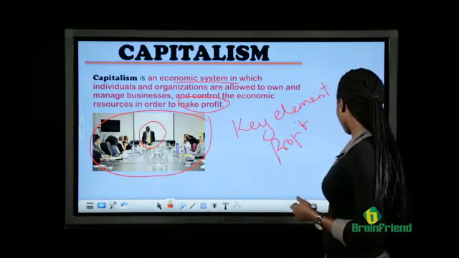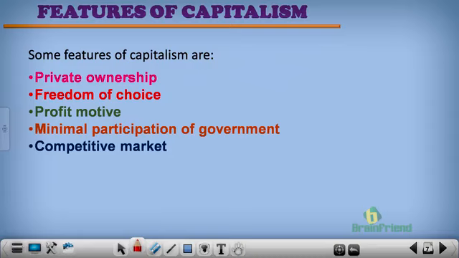And after which we saw the features of capitalism, where we said private ownership, individuals or organizations are free to own and manage businesses, freedom of choice, where people are free to buy whatever they want with their resources. People are also free to own whatever properties they want and to get different jobs as they desire. And then we looked at the profit motive, that the reason or essence why these individuals go into such businesses, innovate, work hard, and even invent is to make profits.